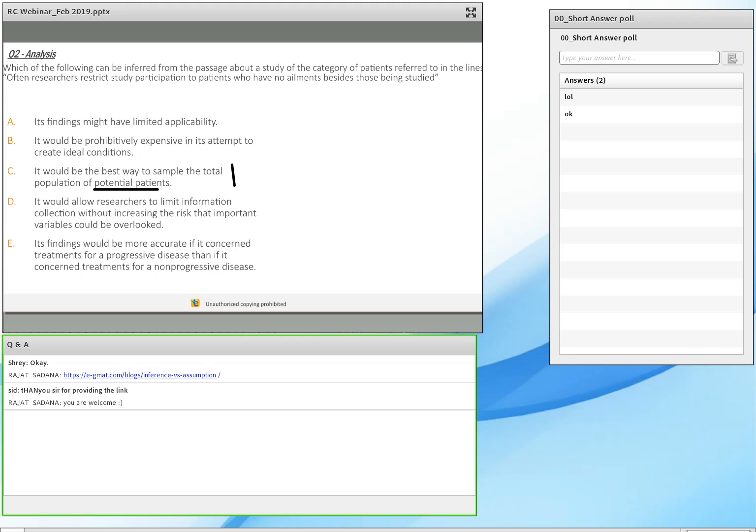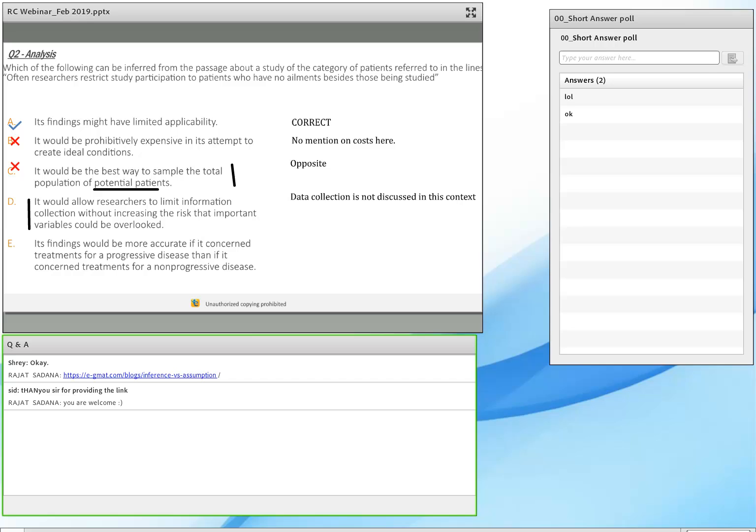I understand why this could sound really tempting, because paragraph 1 discusses limiting information collection and paragraph 2 discusses the risk part. But you can't combine both of these, because the passage doesn't discuss that. Data collection in this context is not discussed.